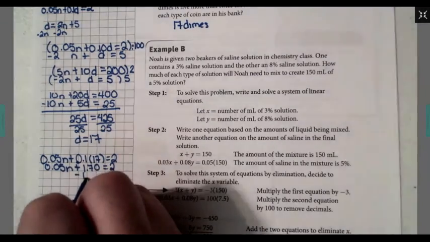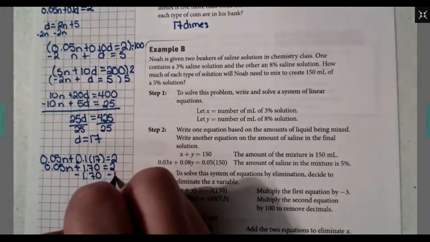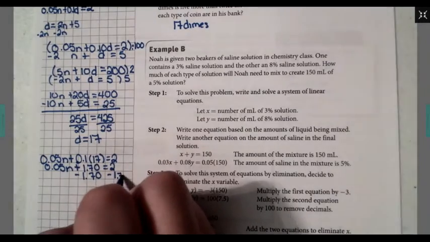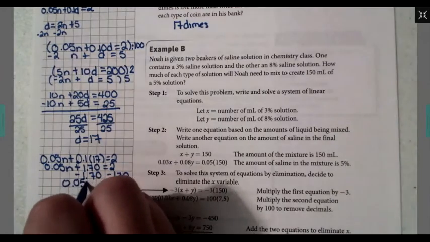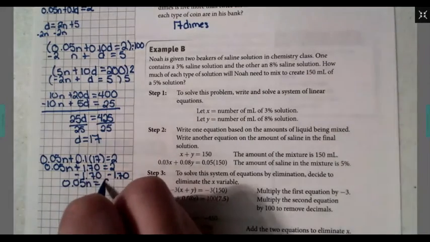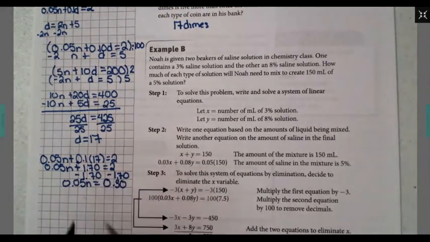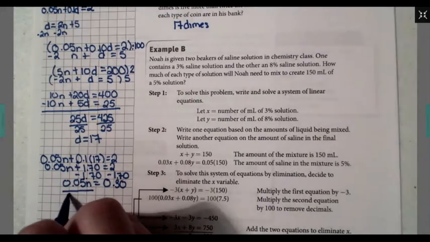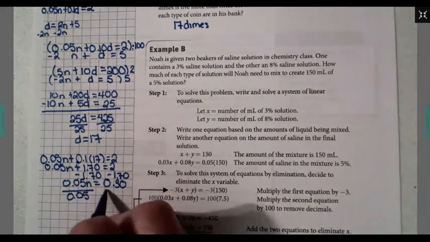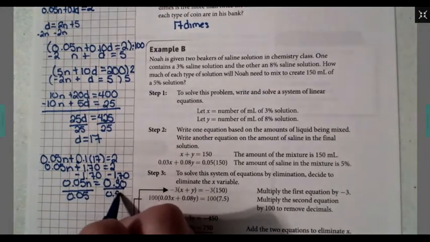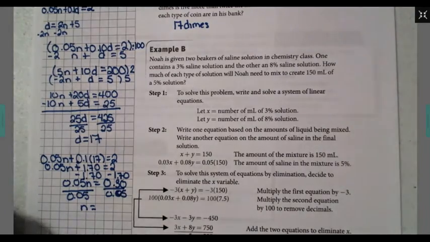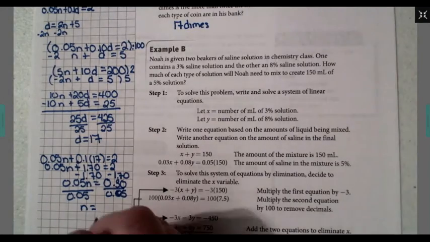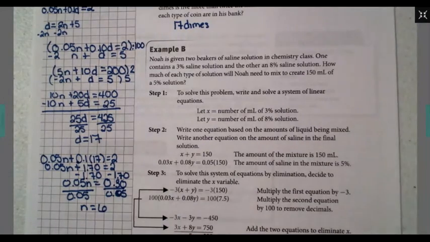We're going to subtract our $1.70 from both sides. So we have nickels that are worth 30 cents. We're going to divide by 0.05 on both sides. That's going to tell us how many nickels we have. We've got 6 nickels.